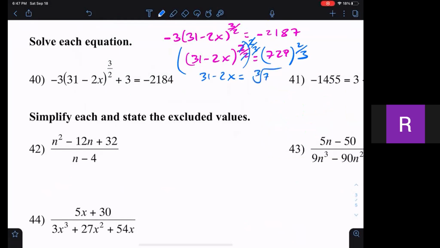Cube root of 729 to the second power, that's going to be 9 squared, right? So this is 31 minus 2x, and that's going to be 81. Negative 2x equals 81 minus 31, so that's going to be 50, so x is going to be negative 25. Okay, so that's the answer.